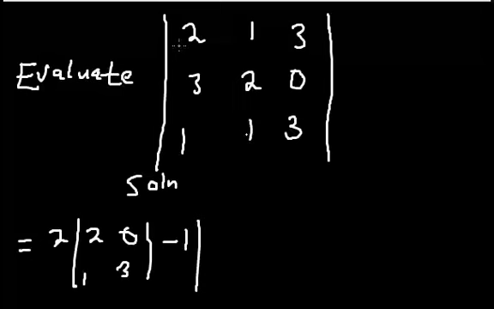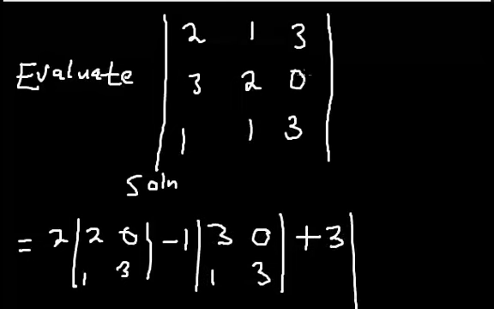Of course, the corresponding matrix, cross this, I have 3, 0, 1, 3. Plus the next element. Cross this, my corresponding 2 by 2 determinant is 3, 2, 1, 1.